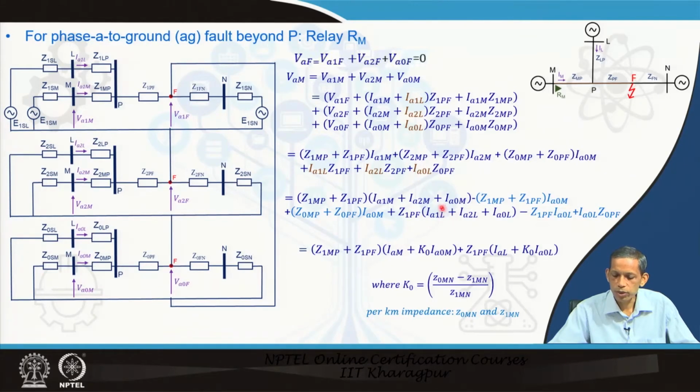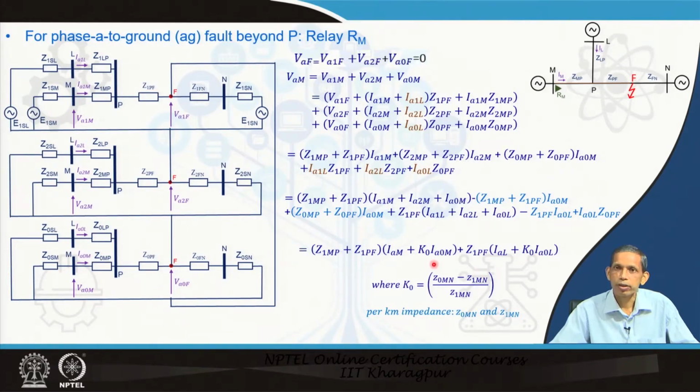For this also we did similar things, and therefore, what we did here is add Z1PF plus I0L plus I0 Z0F, these two terms. So, we have added these two terms in addition to what we have found here. This leads to Z1MP plus Z1PF IM plus K0 I0M plus Z1PF plus IL K0 I0L.